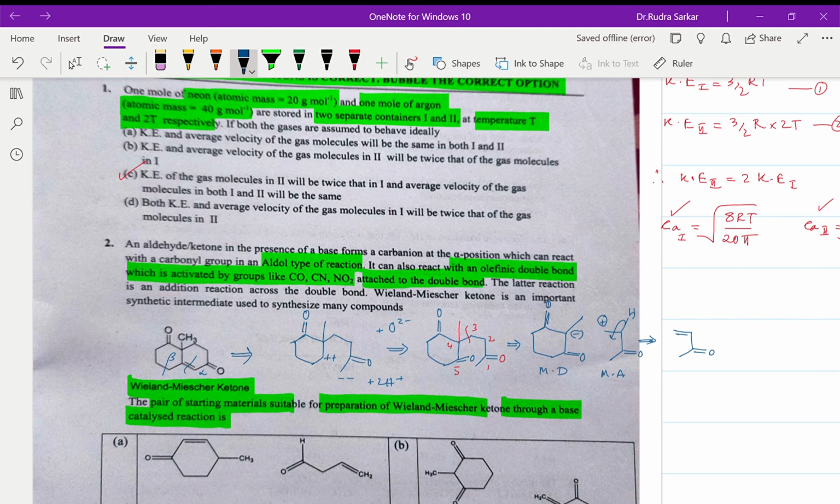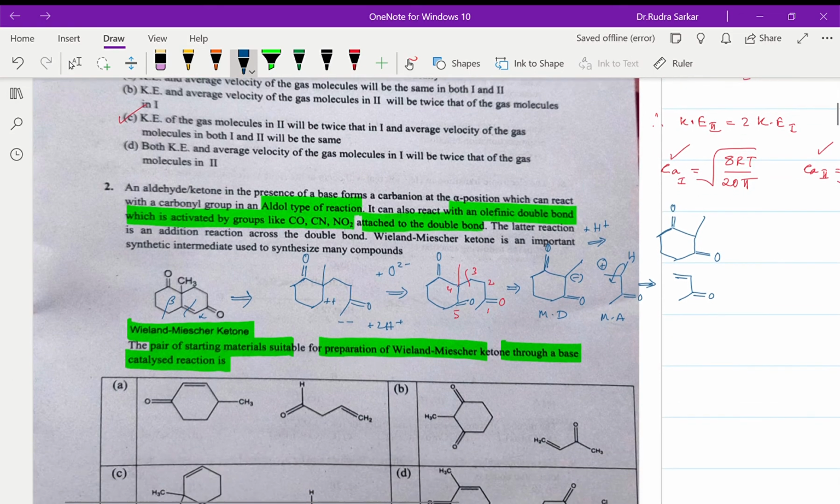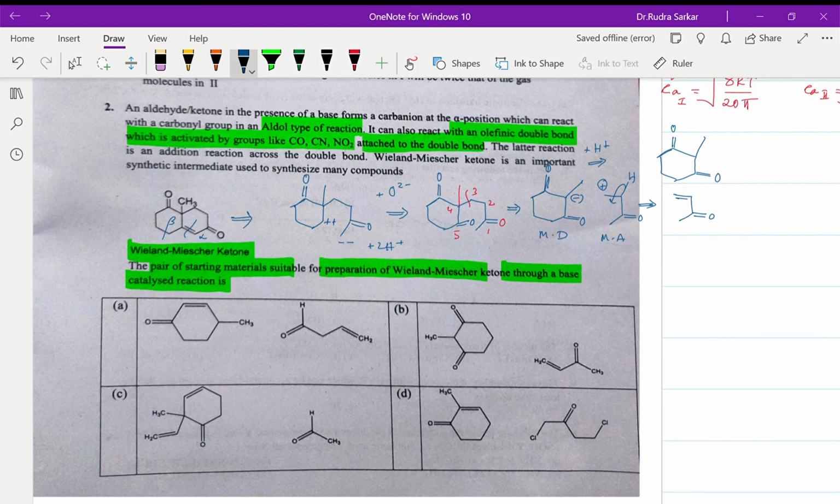So over here where there is a minus charge, you just add there a proton. Okay, and so your starting products will be as I have shown over here. Now if you compare, you will see your correct answer over here is option B.